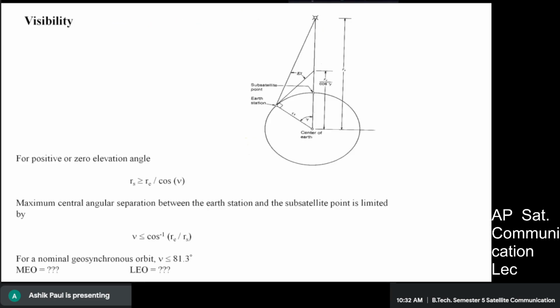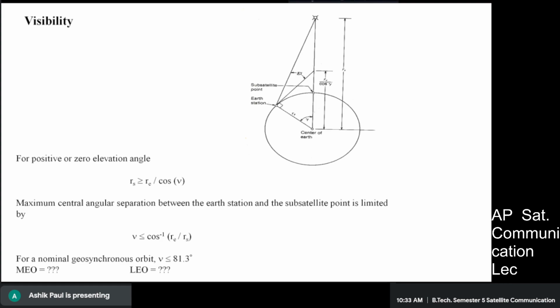Now, the next thing of interest for us to understand is that when we talk about receiving signals from a satellite, does it mean that any satellite anywhere in space could be tracked from any location on the surface of the Earth? The answer is no. From common sense, we can understand that we can only track satellites or receive signals from satellites which are above our horizon.